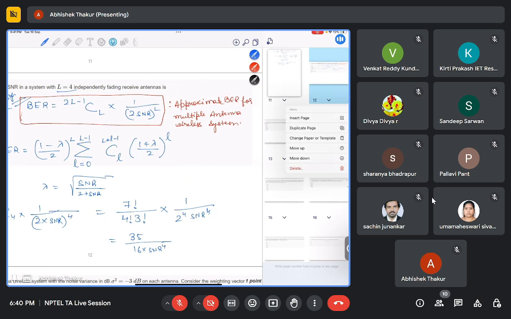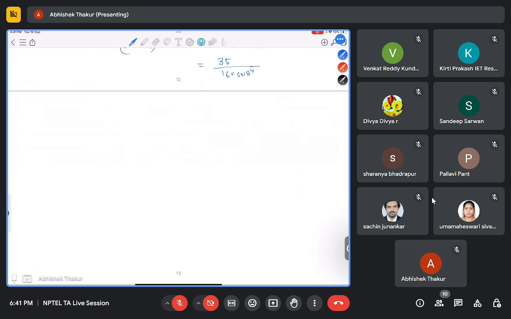Now let's take one more theoretical question. Using the assumption of high SNR, find bit error rate for L equal to 2 antennas.